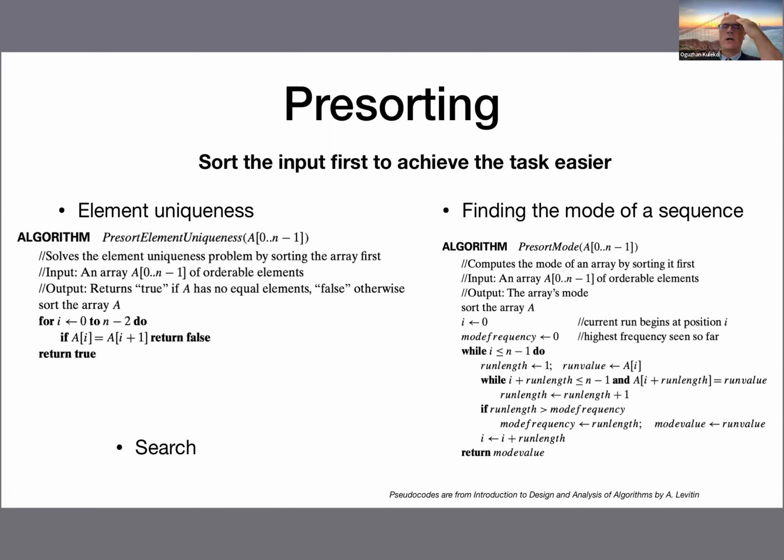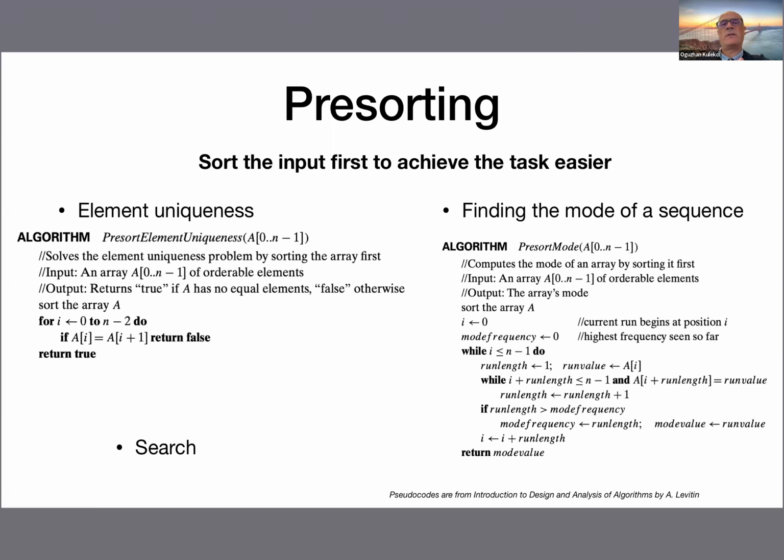Sorting is so fundamental in many of the algorithms, and maybe the presorting is one of the reasons that sorting is that popular and widely used. In many tasks in computer science, if you sort your instance prior to your actual operations, that may help you to achieve those operations easier, faster, more efficiently. So let's see some examples.